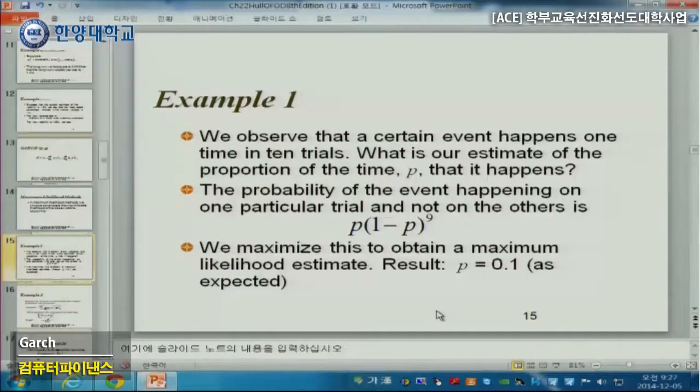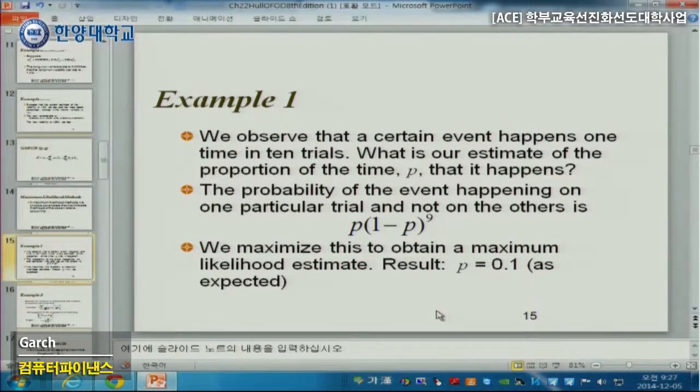We toss it 10 times and we have one observation of head. And then in the maximum likelihood estimation, basically we are interested in estimating the probability of observing head. Usually in a fair coin, it is 1/2, right? If we toss a fair coin, the probability of head should be the same as the probability of tail, so it is 1/2 and 1/2. But actually, we toss the coin 10 times and we have one head.